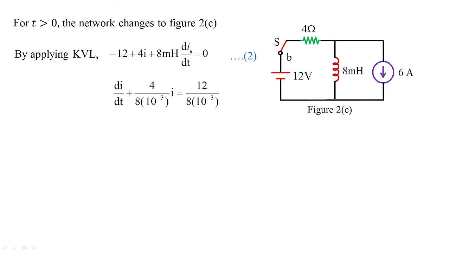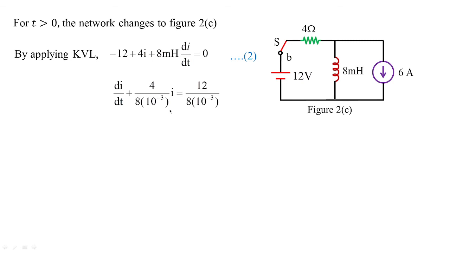You can clearly see di by dt is remained as it is. 8 millihenries is getting divided by 12 as well as by 4i. So 4 divided by 8 millihenries times I, which is equal to 12, taken on the right hand side, becomes 12 by 8 millihenries.